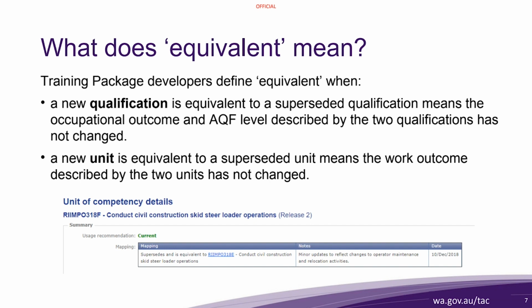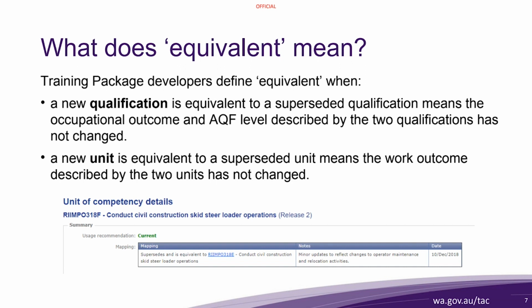That is not you, although we're going to suggest that you do need to do this, but it's the requirement of the training package developers to do a mapping of the old unit and its superseding unit to determine that it has the same elements, performance criteria, performance evidence, and knowledge requirements. And that basically means that you are able to judge whether the work outcome of two units of competency hasn't changed because of the content of the unit of competency.